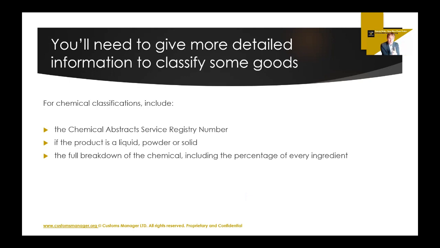And with that number, that CASRN number, you can then correlate, because these numbers have been correlated to HS codes already. So really important, and it will simplify your life a lot. If the product is a liquid, if it's a powder or solid, that matters. And the full breakdown of the chemical, including the percentage of every ingredient in the chemical.